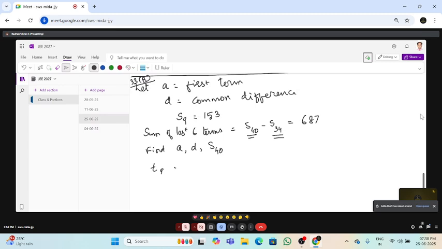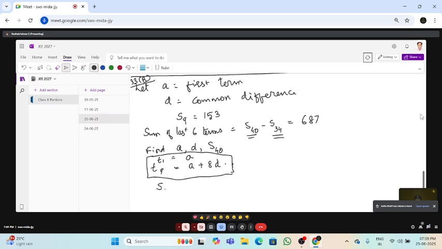Sum of first 9 terms, right? So what is T9? A plus 8D. That is T9. And T1 is A. Like we saw in this last problem also, T1 is A, T9 is A plus 8D.